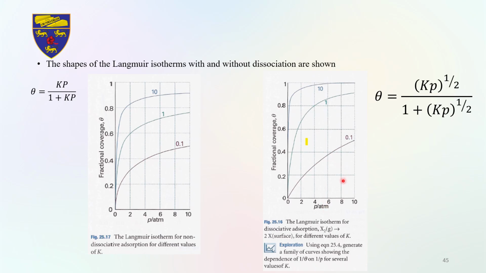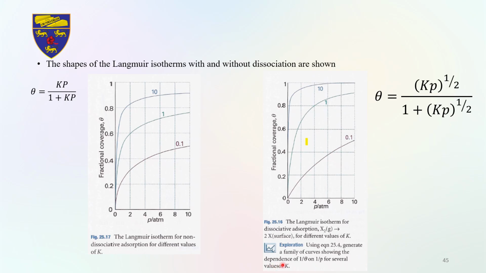But for the dissociative adsorption, which follows the modified equation, the curve rises much more gradually at low pressure. This is because of the square root term, where the surface coverage for the dissociative adsorption depends more weakly on the pressure than its non-dissociative counterpart.